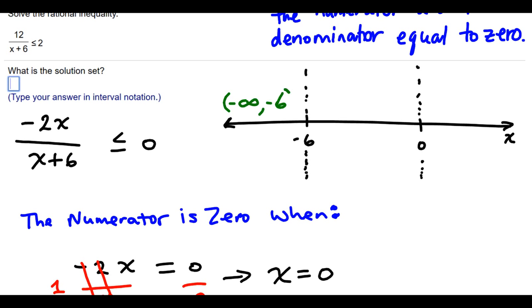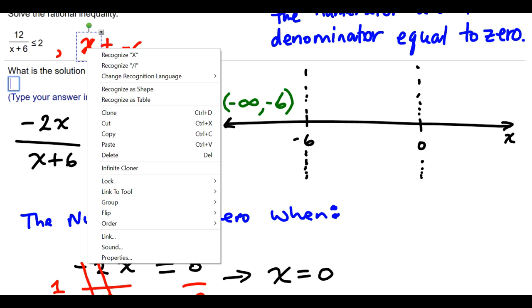Something that's important to note here is that I'm going to use a soft parenthesis there, because my original inequality has x plus 6 in the denominator. So x can never be allowed to be negative 6 in my final solution set, because if it were allowed to be negative 6, that would make my inequality undefined.